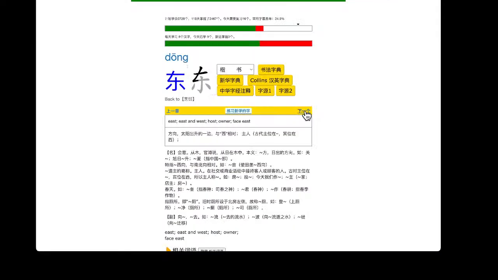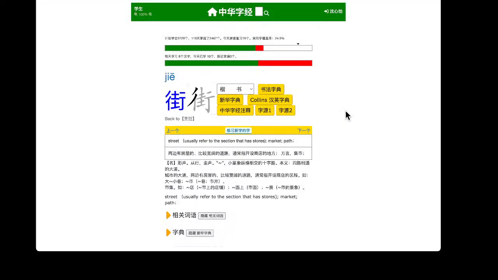Next one, 街. Okay, 街 means street. Now it usually refers to streets that have stores along them.